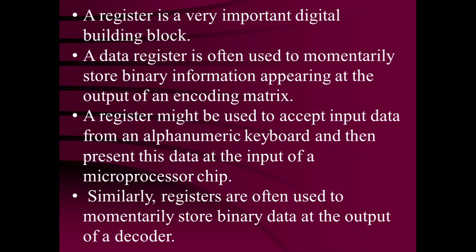So dear friends, if we are preparing an analog to digital converter, then whatever data is going to be there is stored temporarily from the output of the encoding matrix. That means there are various methods from which input from an encoding matrix can be stored into the shift register, which is prepared from basic RS flip-flops.